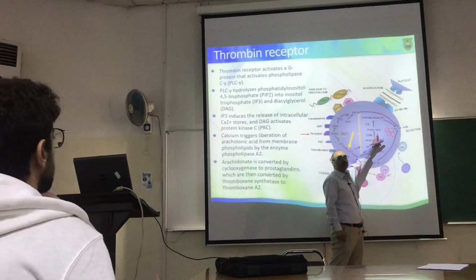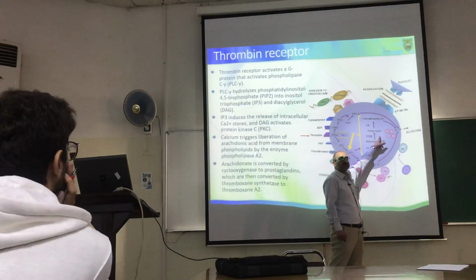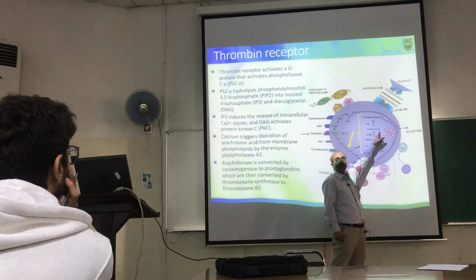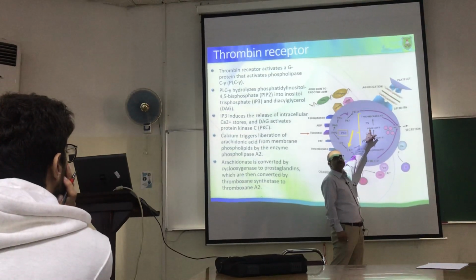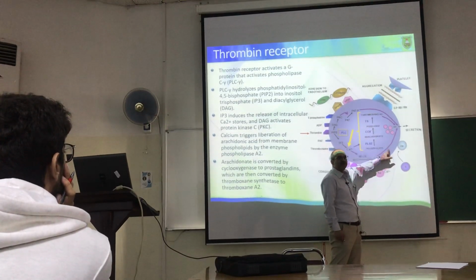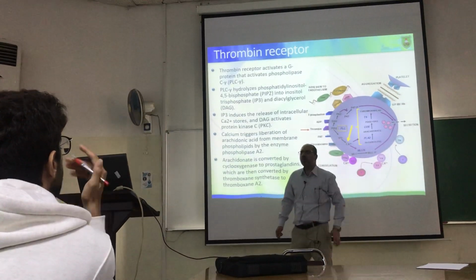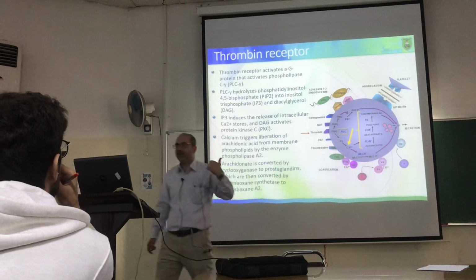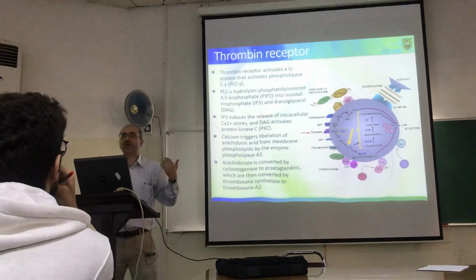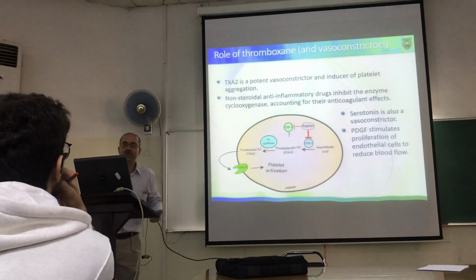Arachidonate is converted to prostaglandins. Prostaglandins are converted to thromboxane A2 by thromboxane synthetase. So you have these reactions that take place. We already talked about these reactions in Biochem 1.